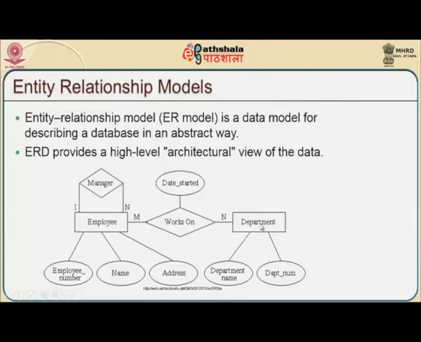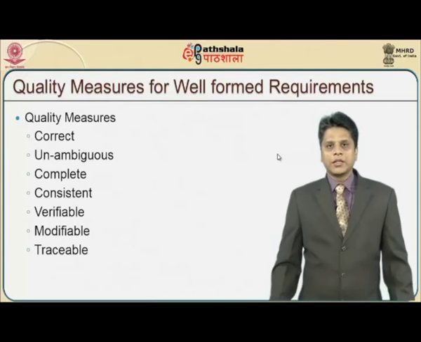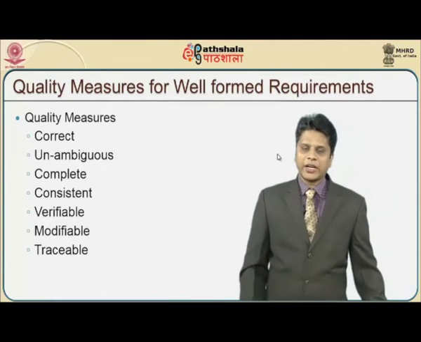An employee works on a specific department, an employee can be a manager, an employee has a list of attributes, likewise a department has a list of attributes, and works on has an attribute. This entity relationship diagram provides a high level architectural view of the data. Thereby we are very clear what type of contact or communication this entity has with the other entity. So those are to do with the functional requirements.